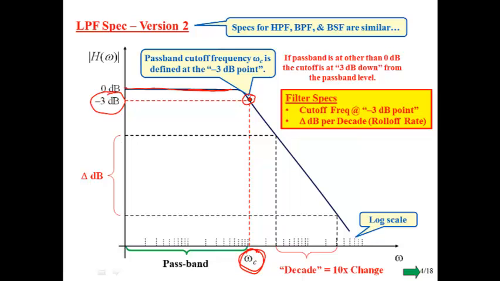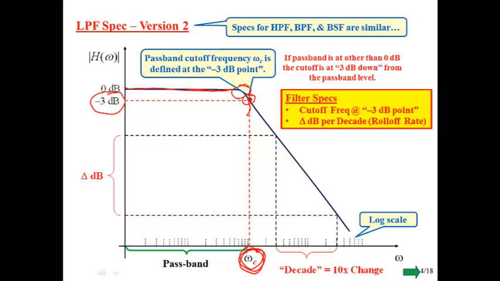If our pass band happens to be at some other level than 0 dB, we want to go to the point where we drop 3 dB. So it's often called the 3 dB down point. And so that's our one main spec, where is the cutoff frequency, and that defines the pass band. And even though it dips down a little bit in our defined pass band, we're saying that's okay. That's what we're speccing here.